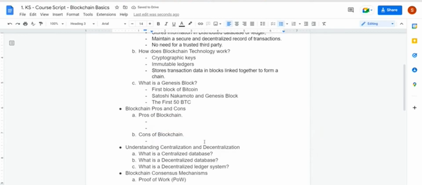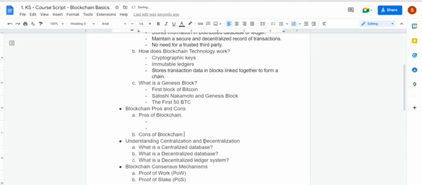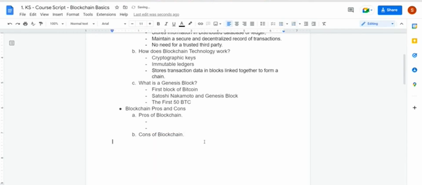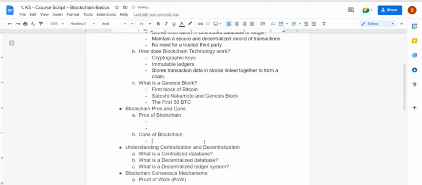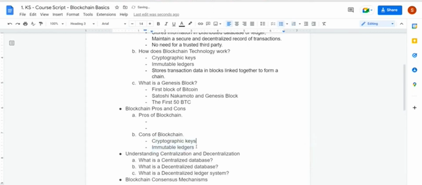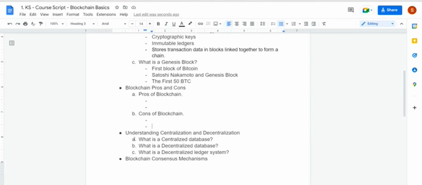So you have a better view now, I hope. So yeah, blockchain pros and cons, and then you will develop those ideas.